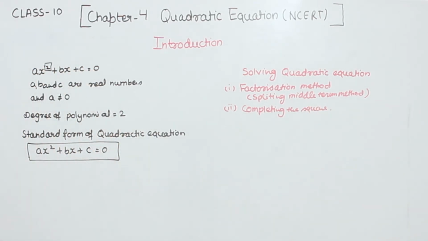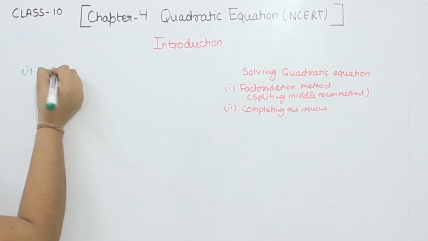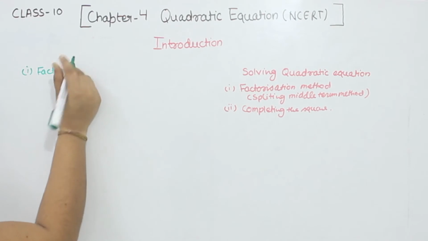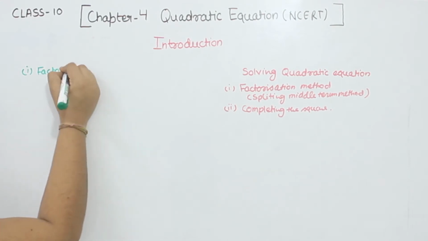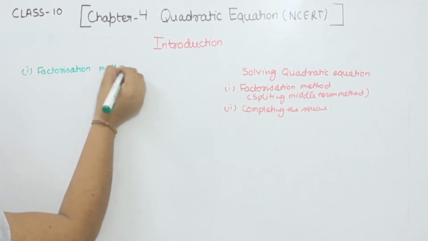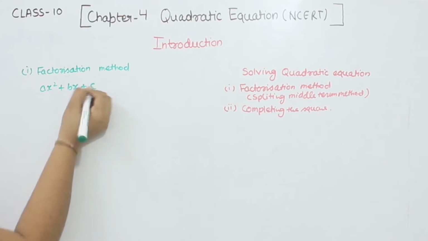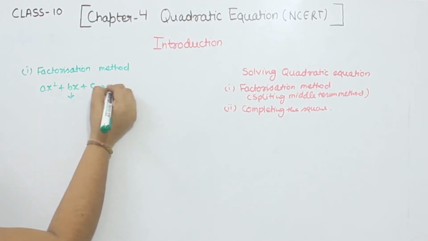First of all, we are going to understand the first method, the factorization method. In this one, we have the quadratic equation. We will split the middle term.